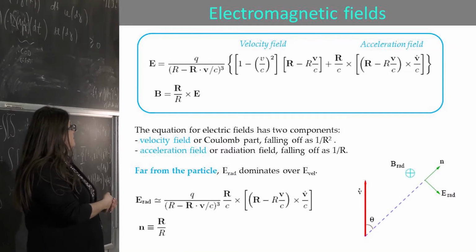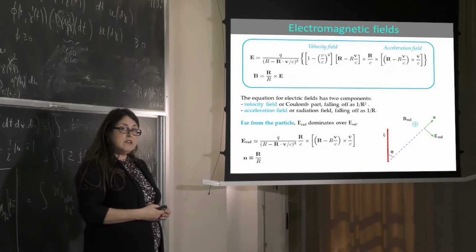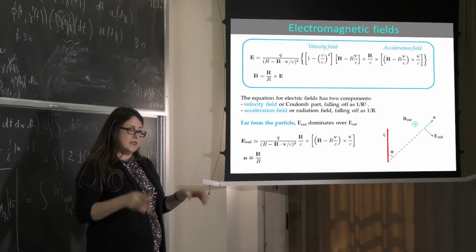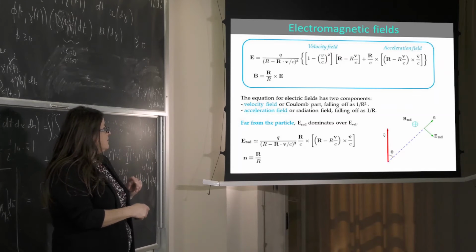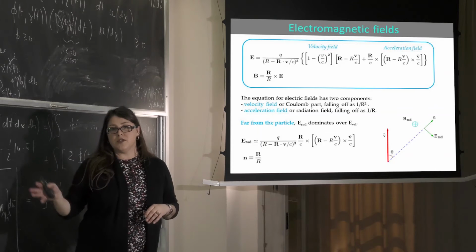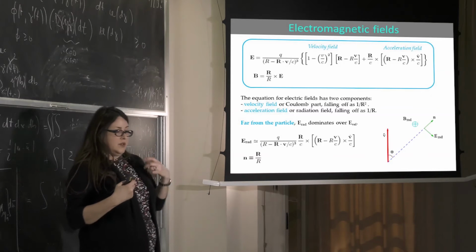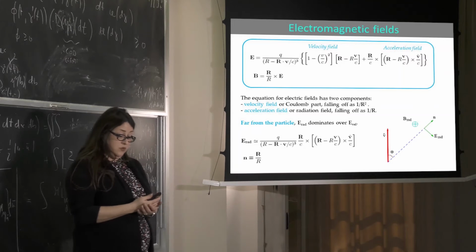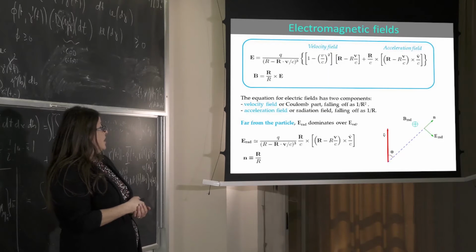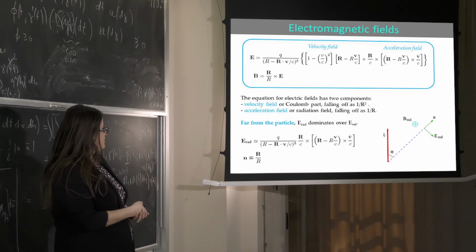So we see that the velocity field is falling off as the inverse of the square of the distance between the particle and the observer. And the acceleration field, on the contrary, is falling off just as the inverse of the distance. If we go to a region which is far from the particle, from the moving electric charge, we see that the radiative field is dominating over the velocity field.